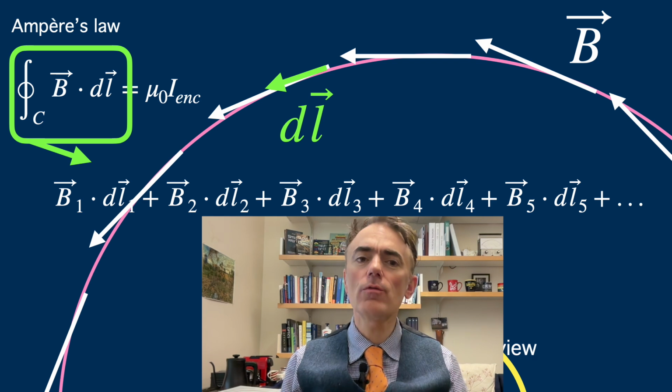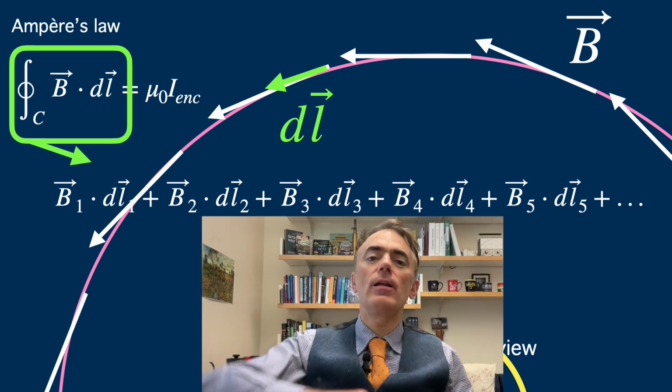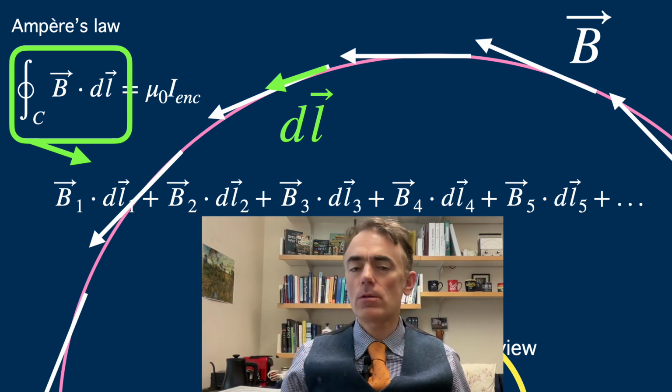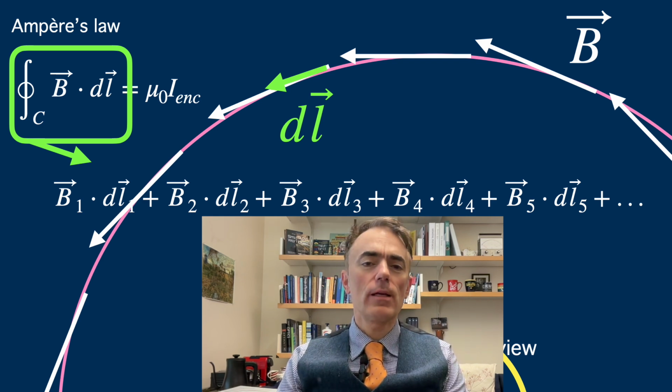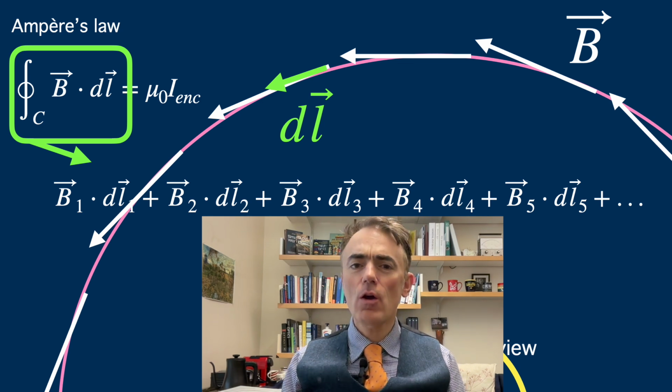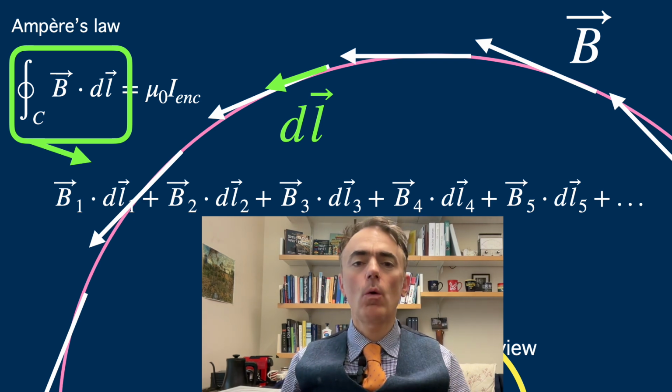This law is especially useful when we are dealing with situations that have symmetry, such as an infinitely long straight conductor or a solenoid. In these cases, Ampere's law allows us to simplify our calculations significantly. These situations allow us to select a convenient path known as an Amperean loop, where the magnetic field is either constant or zero.